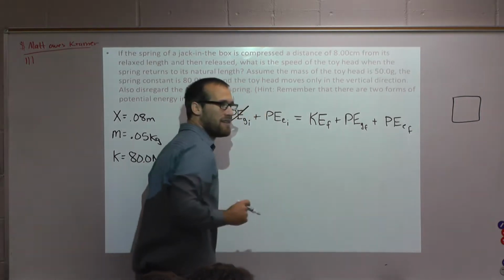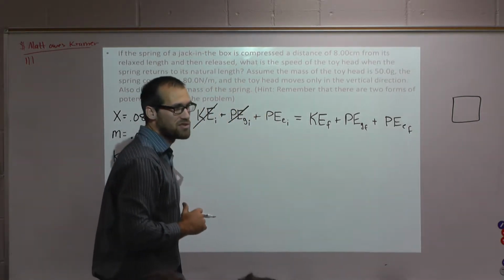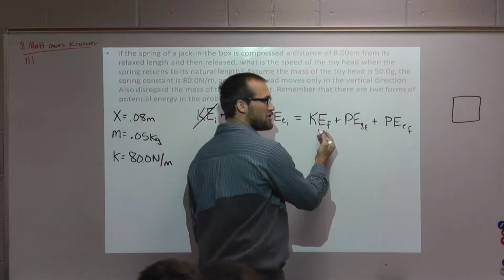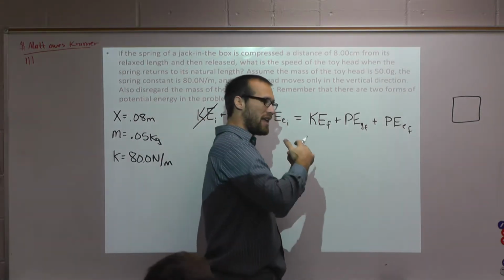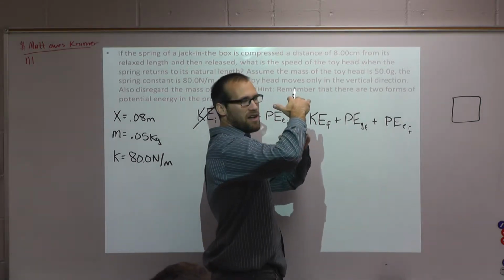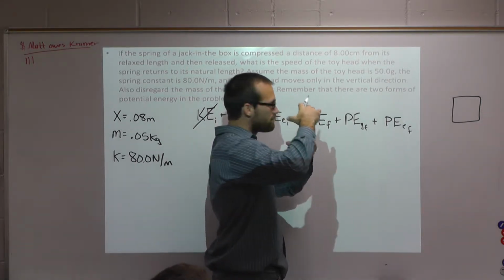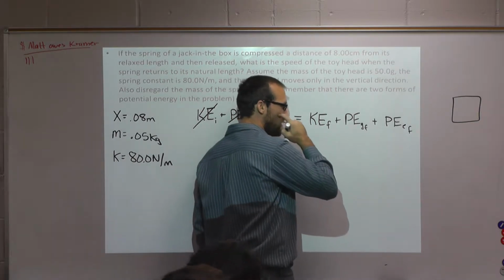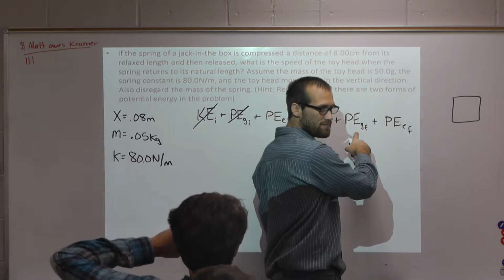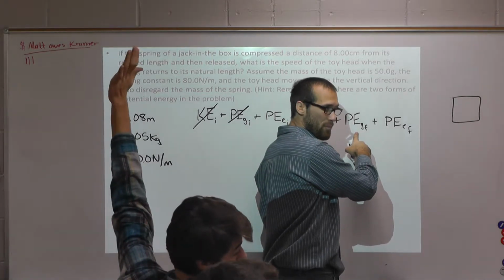Now, we do have elastic potential energy. Why? Because the spring is compressed right now. Will we have kinetic energy final, after it went from its compressed spot to its relaxed spot? Yes. Will we have potential energy due to gravity? Yes. We're above zero level.